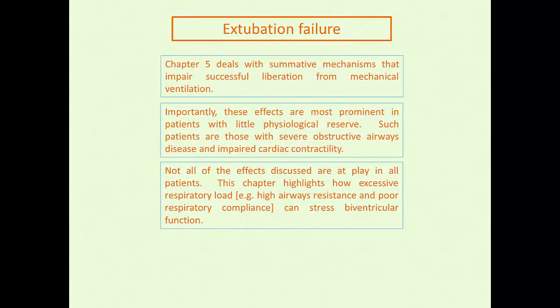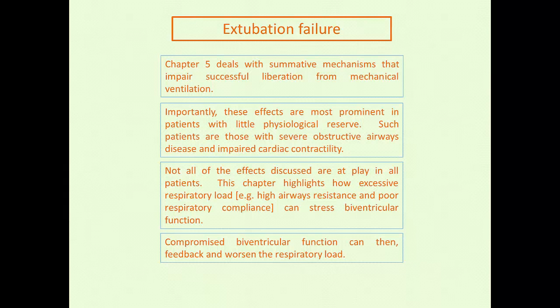And more importantly, I want to highlight how respiratory load, that is abnormalities of airways resistance and thoracic compliance, and especially pulmonary compliance, which are essentially how we analyze the pulmonary determinants of physiology on the Campbell analysis, can feed back and impose stress upon both ventricles and can kind of cause the so-called vicious cycle.